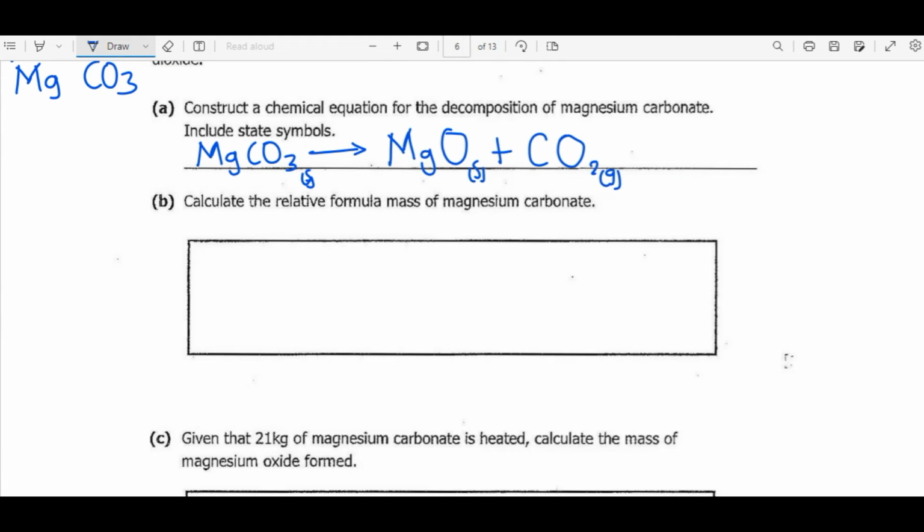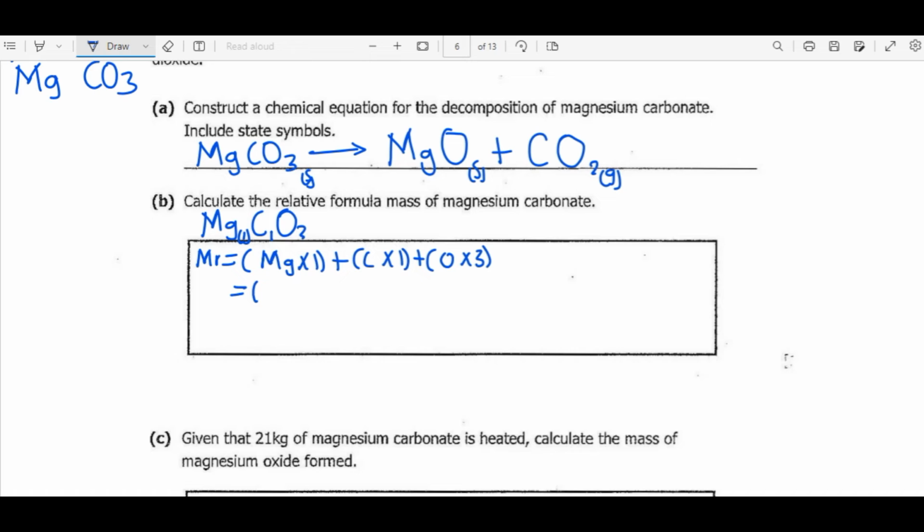Calculate the relative formula mass of magnesium carbonate. So we have the chemical formula: magnesium, here we have 1; carbon, there is 1; oxygen, we have 3. So we can now begin. Mr is equal to magnesium multiplied by 1 plus carbon times 1 plus oxygen multiplied by 3.